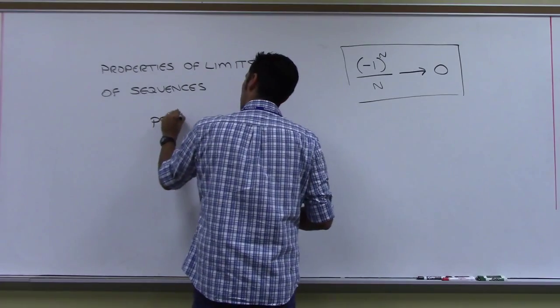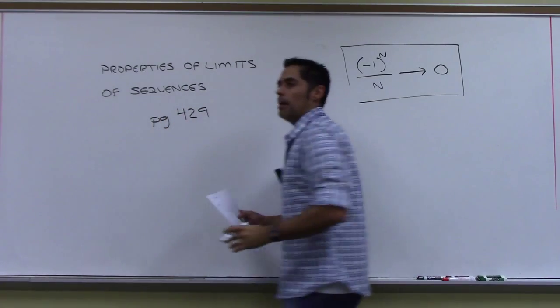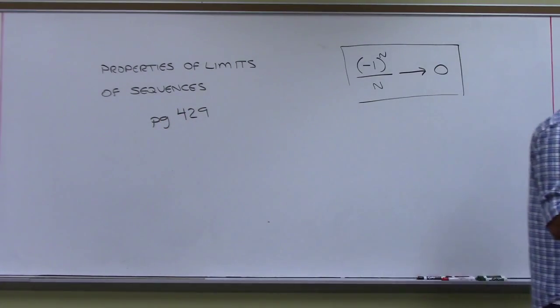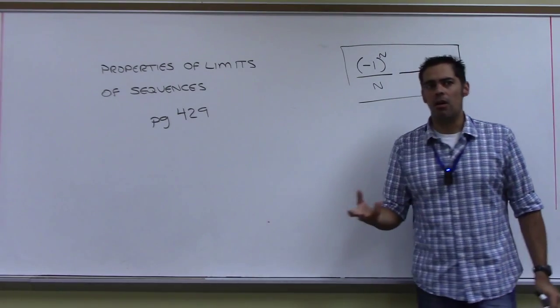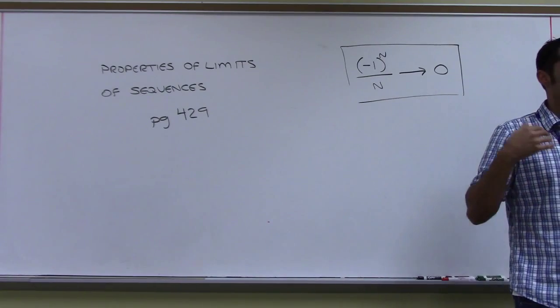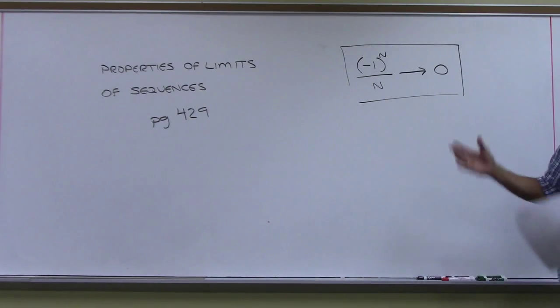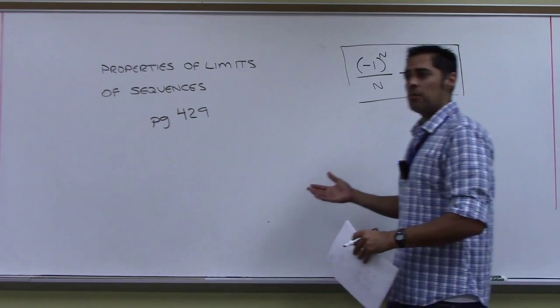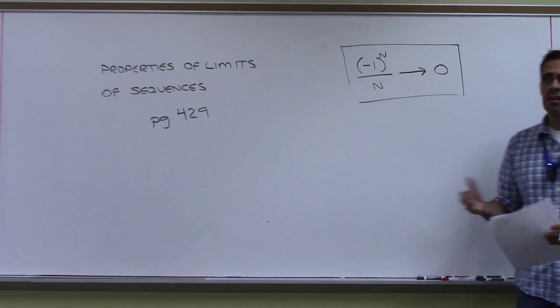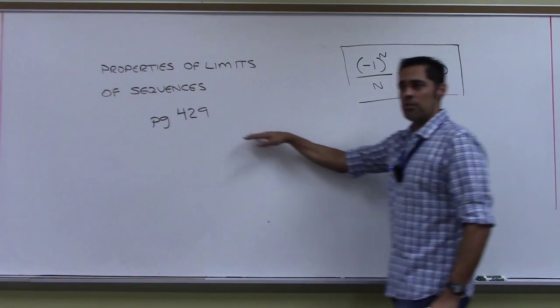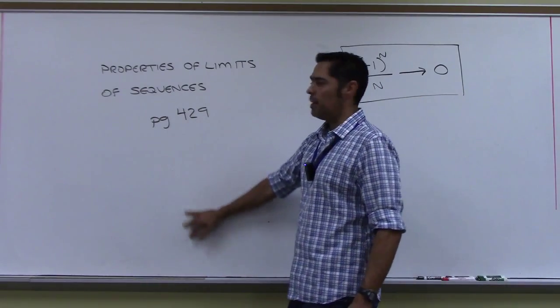And I don't want to write them all down on the board. Now, in Cal 1, when you learned about the limits, you were probably told that there's these limit laws, and they were the properties of limits. And there's a whole set of properties for limits of sequences, and they're very, very similar to the limits that you have with functions. So there's not a whole lot of new stuff here. I just want you to be aware that those limits are listed for you on page 429.